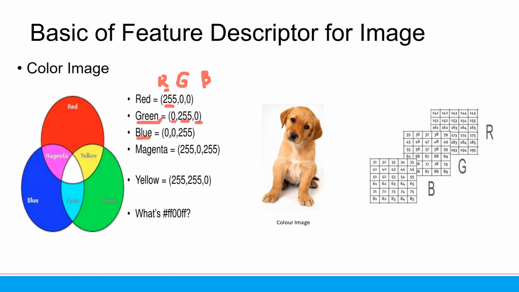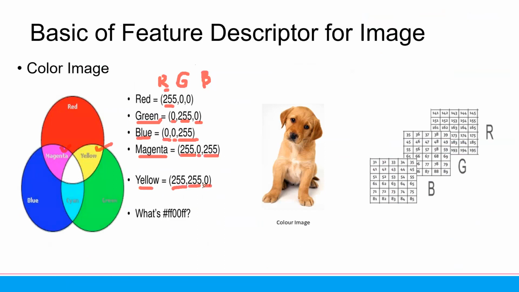If it is blue, then R is 0, green is 0, and blue is 255. If it is magenta, then the red is 255, the green is 0, and the blue is 255. If it is yellow, it is the combination of red and green, and the blue is 0.